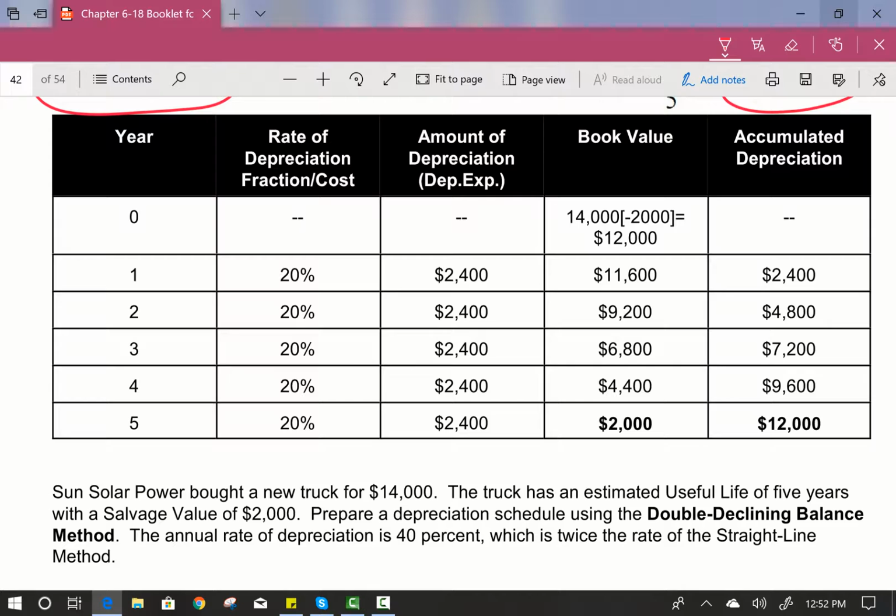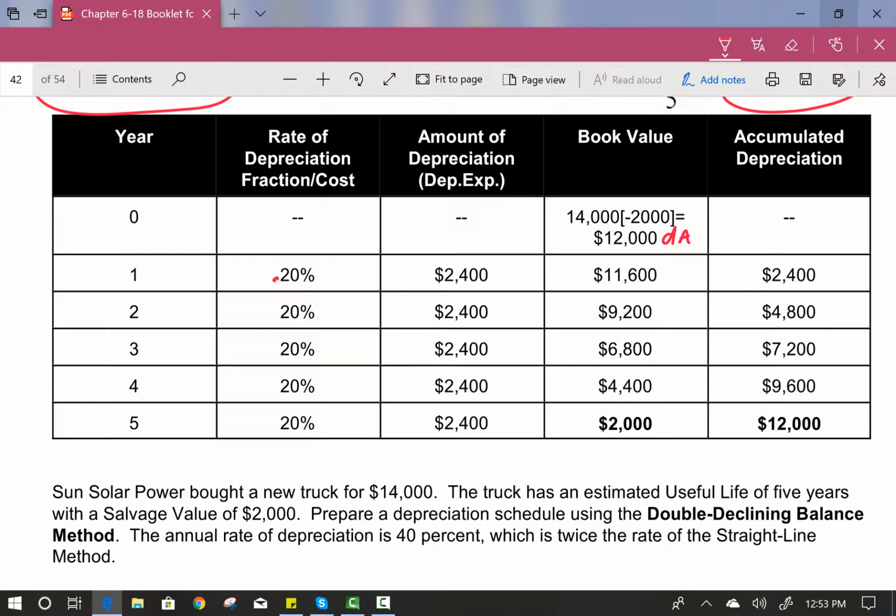Technically, what that represents is the book value of the asset is $14,000, but we subtract out the $2,000 to give us the depreciable amount. And then we take $12,000 times 0.2 to give us $2,400. But we've already calculated that.